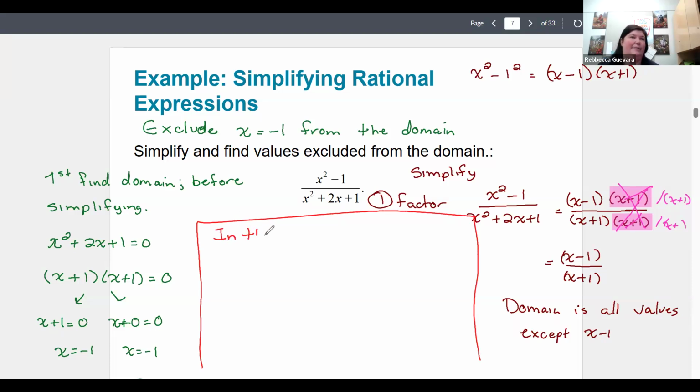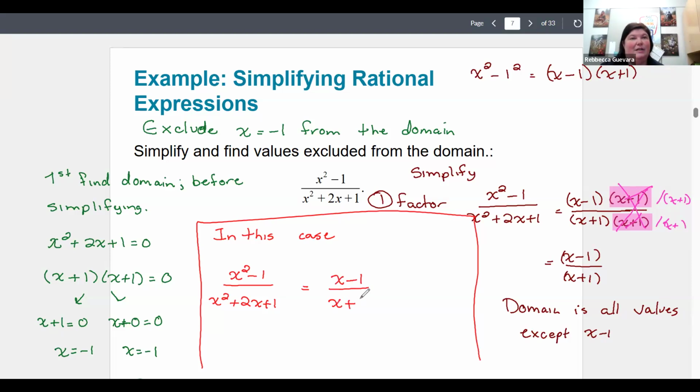So in this case, x squared minus 1 divided by x squared plus 2x plus 1 is just going to be the same thing as saying x minus 1 times x plus 1. And I'm going to put this little note here, for all x values. That's because the domain is matching. So sometimes when you simplify, it's going to kind of change your domain.